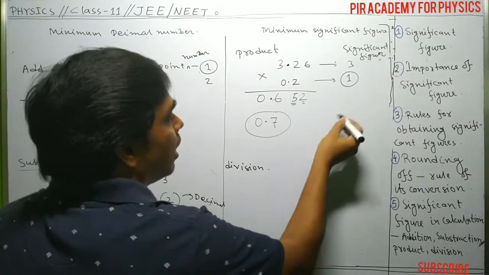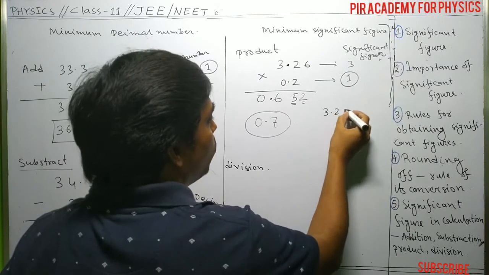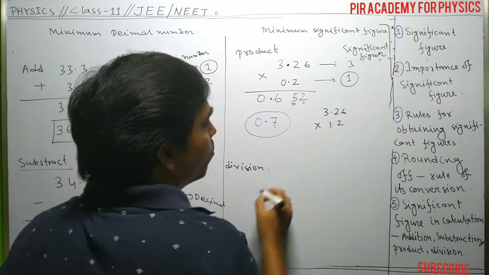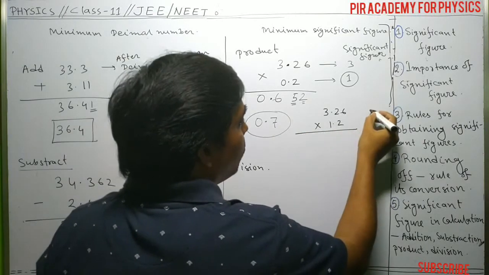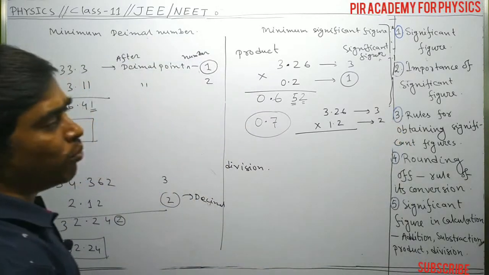Suppose another is 3.26 multiplied by 1.2. What will be the value? Here the significant figure is 3, and here it is 2.